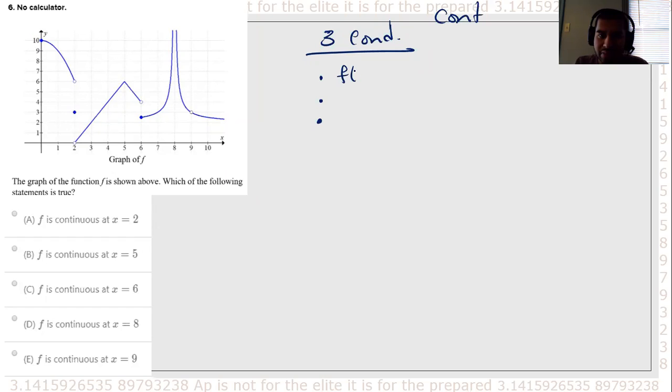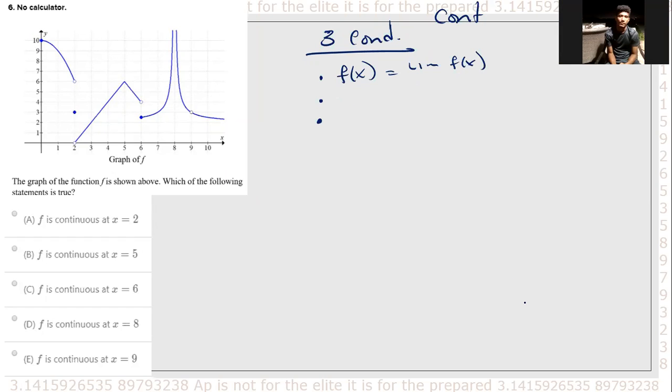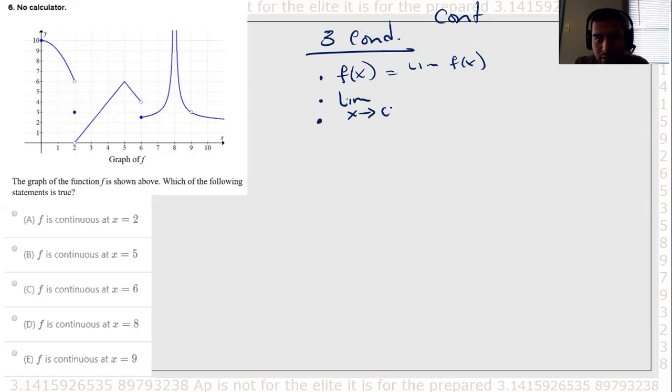There must exist an f of c, right? That is equal to the limit of f of x. What else, guys? Do you guys remember? The limit has to exist. The limit as x approaches c from the right has to equal the limit as x approaches c from the left, right?